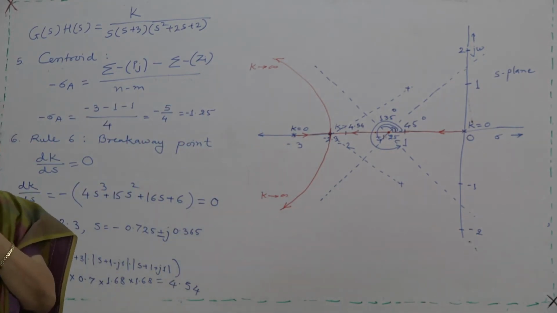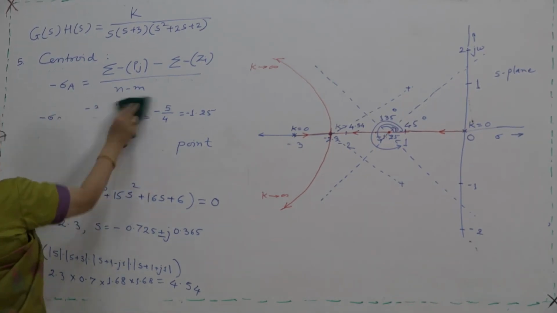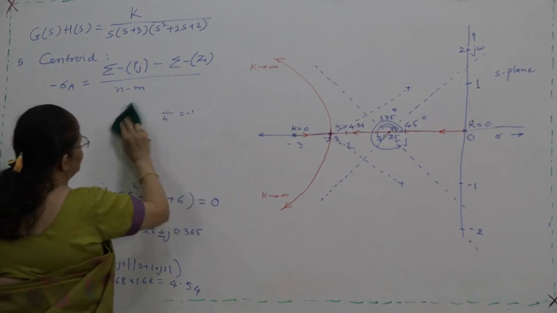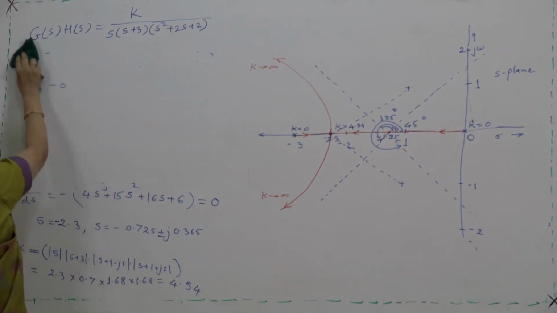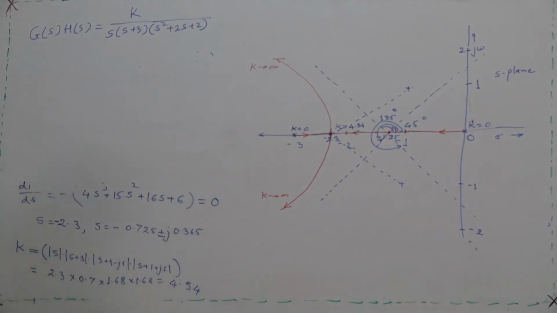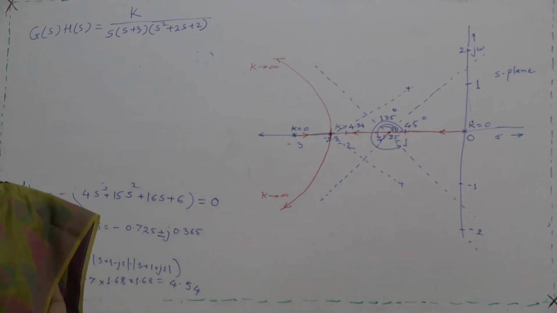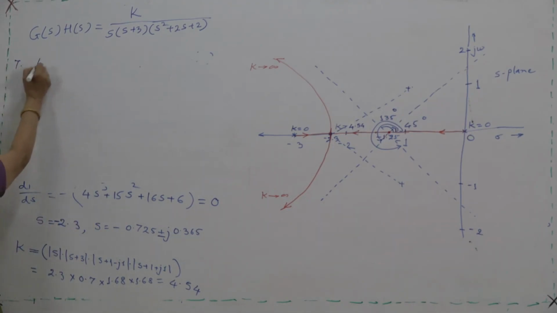So, here minus 2.3 is correct, you have to discard this, and then the branch will follow the asymptote and go towards infinity like this. Next, we have to see the remaining two branches which start from minus 1 plus j1 and minus 1 minus j1. For that you have to find the angle of departure, that is rule number 7.